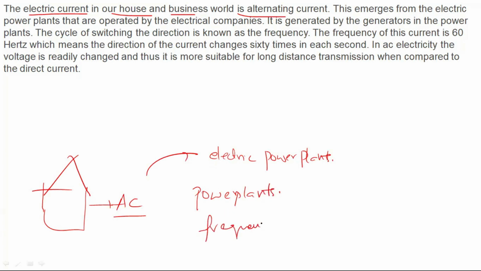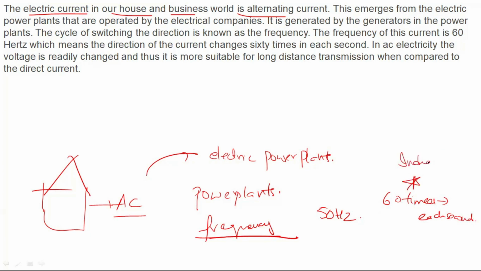The frequency of this current is 50 Hz, which means the direction of the current changes 50 times in each second. Our Indian frequency is 50 cycles, whereas the Western frequency is 60 cycles.